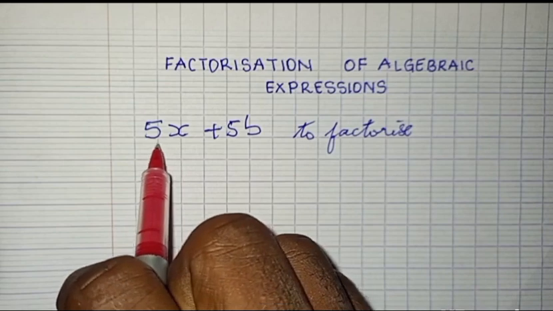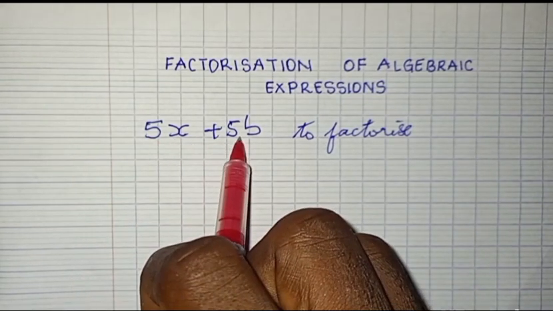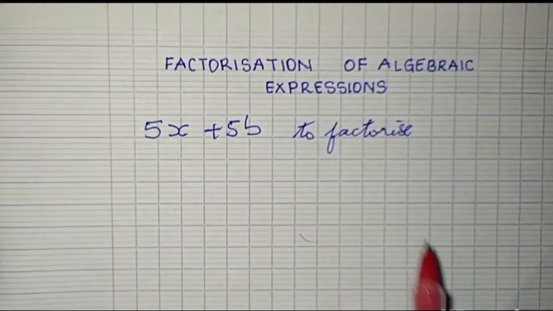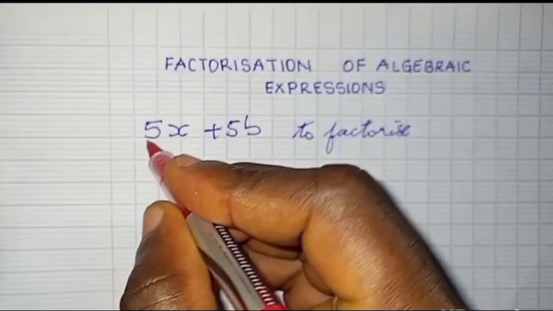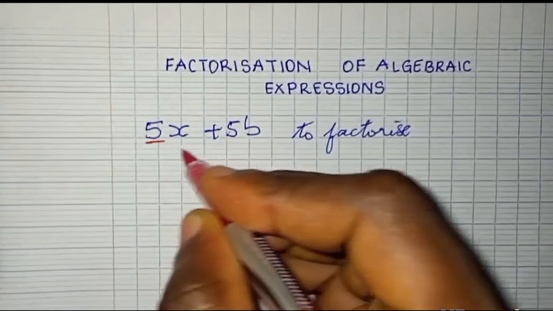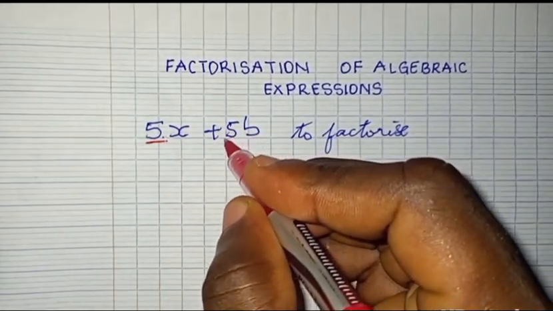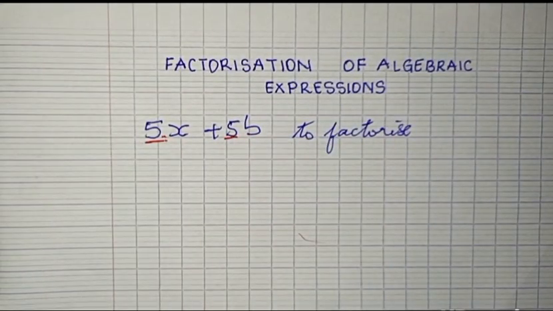Here we have two terms. 5x is one term, 5b is one term, and those two terms have a factor common to both of them. So we have 5, which is a factor in the first term. 5 is also a factor in the second term.